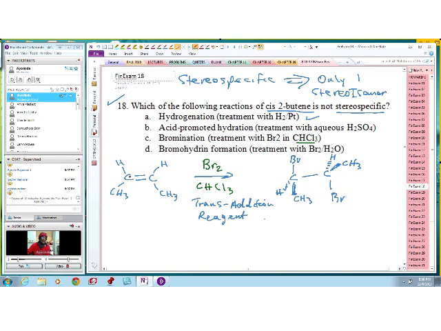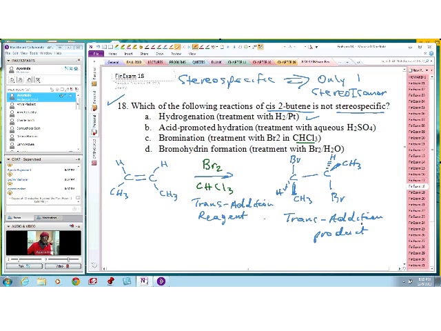What it does is to add two bromine atoms across the carbon-carbon double bond such that the two bromine atoms will be added from different sides of the molecule. So therefore, this is a trans addition product.